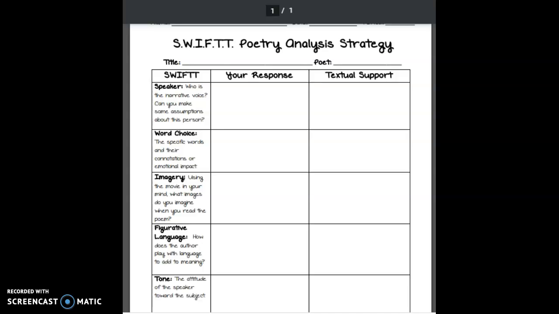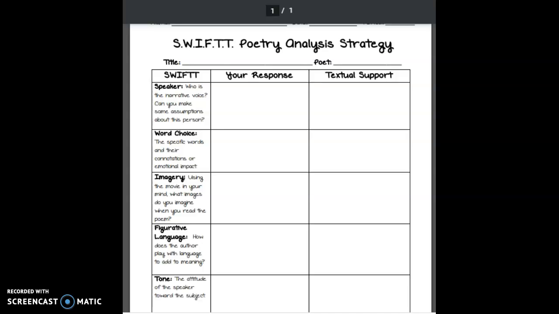Sometimes that gets us really hype and it makes us want to dance. Sometimes it makes us want to be still and think about things. Sometimes those words help us to connect with the writer or the poet. So think about word choice, okay?